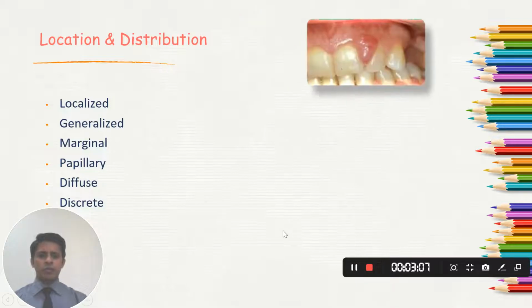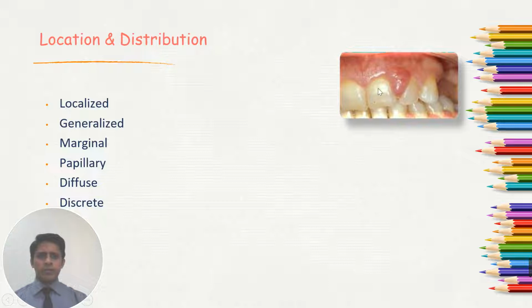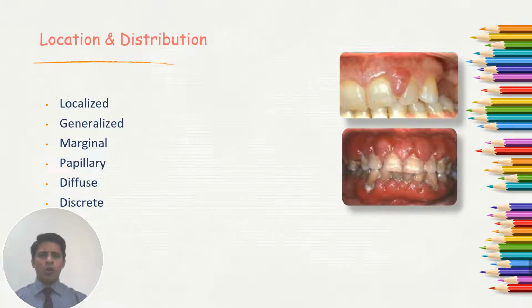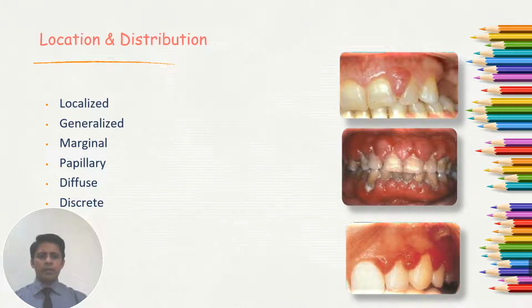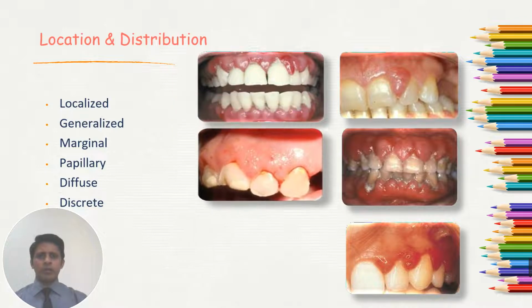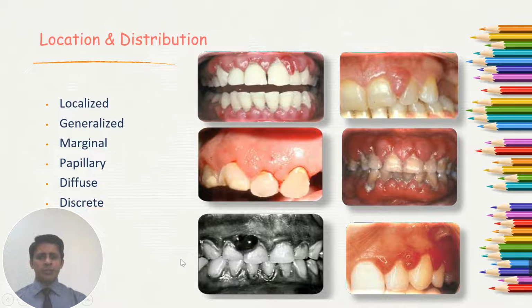It can be classified as localized, which is localized to a specific area, generalized, which involves all the area, marginal, that is involving only the marginal gingiva, papillary, involving only the interdental papilla, diffused enlargement, involving the marginal gingiva and the attached gingiva, and discrete tumor-like enlargement.